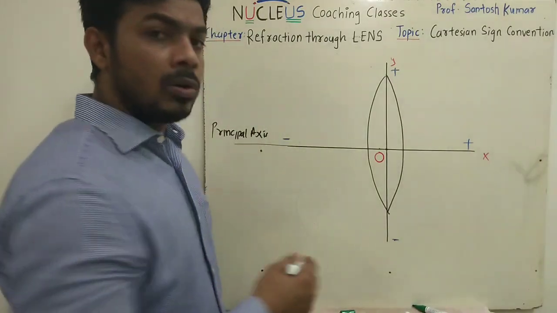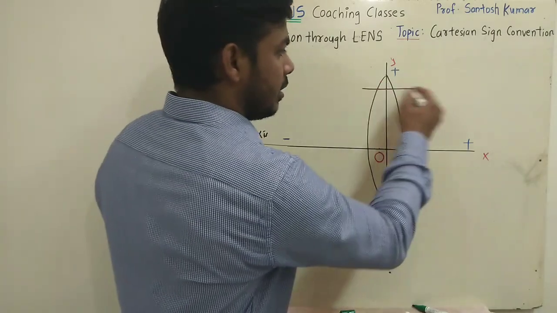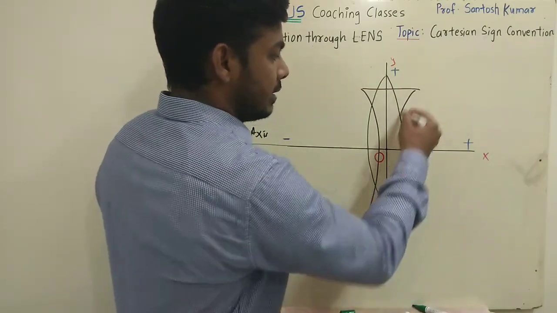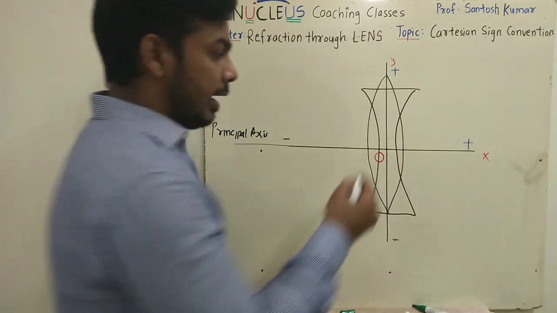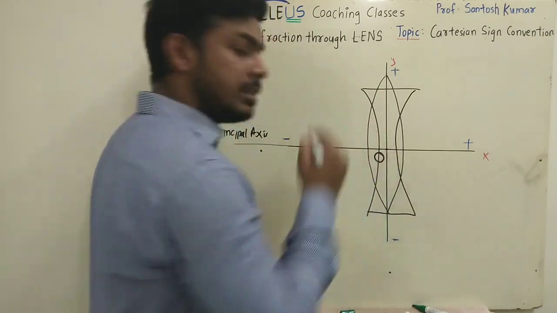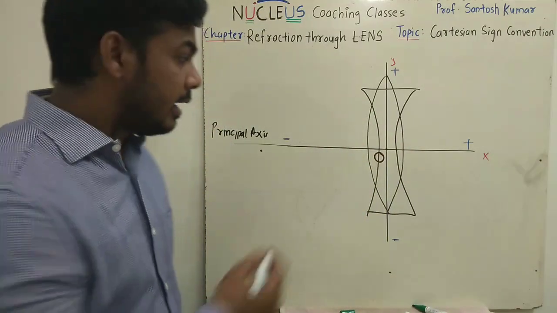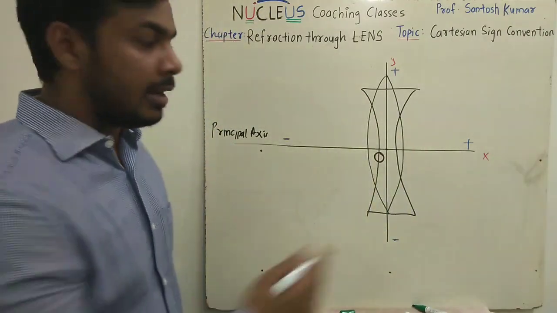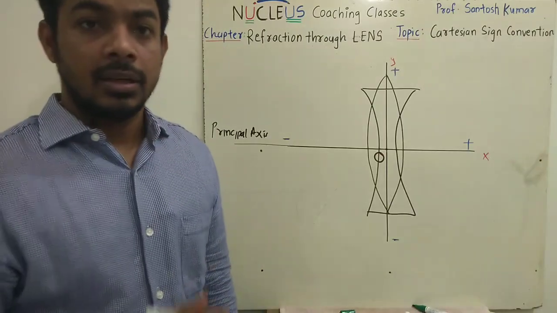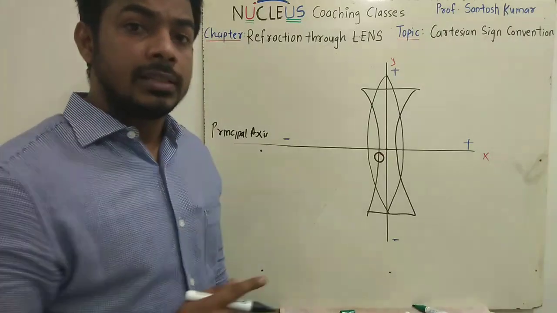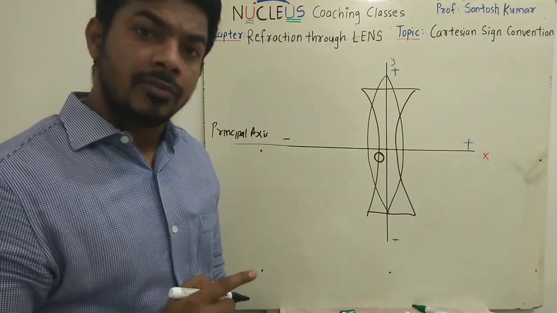Even if you talk about a concave lens, I can draw it over here. So this is a concave lens, right? Okay, and this is the optical center of the concave lens, which is nothing but the origin, right? And the principal axis of the concave lens lies along the x-axis. Now, in coordinate system, origin was considered as the reference point.